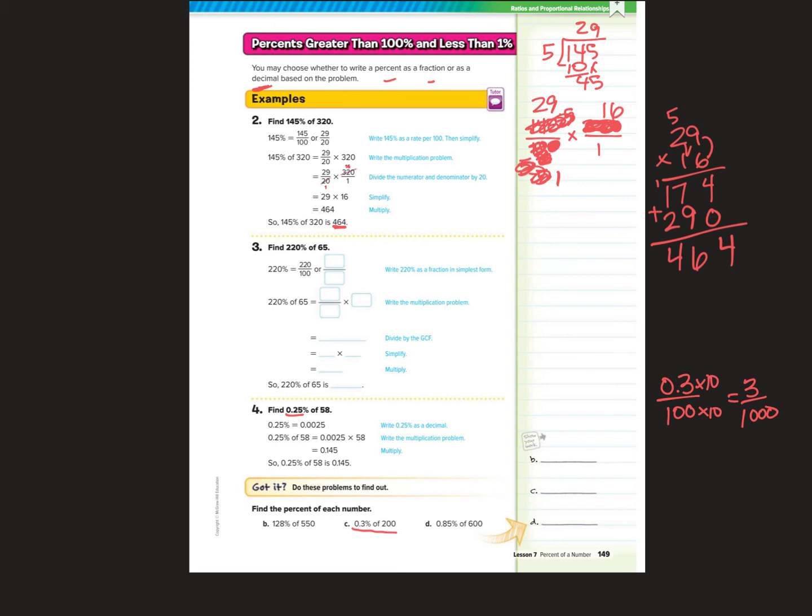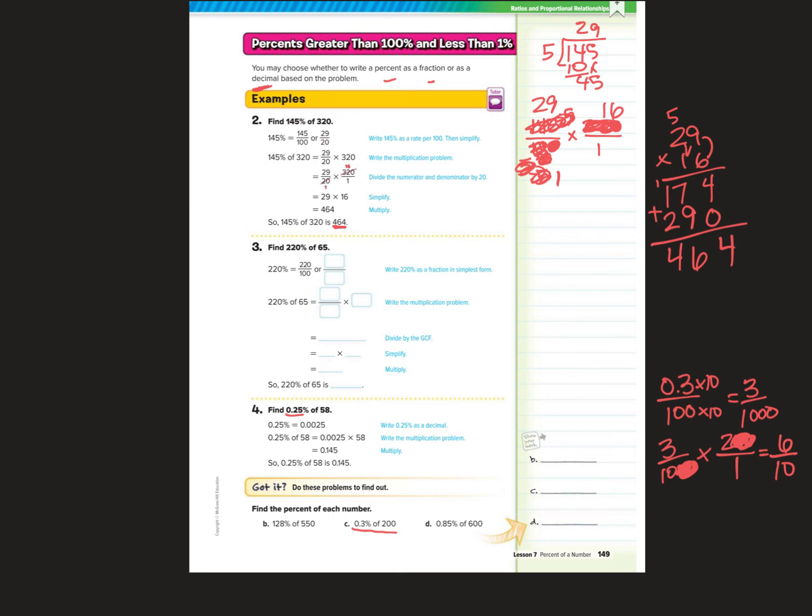If I get 3 over 1,000 and I want to multiply it by 200 over 1, I can divide these both by 100 to cancel out 2 zeros. So then I would get 3 times 2 is equal to 6 over 10 times 1 is just 10.